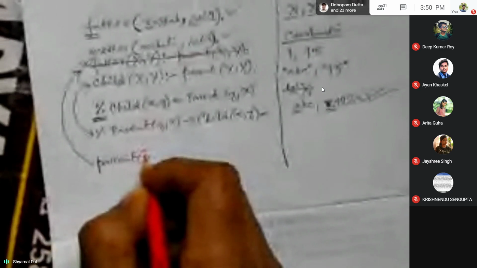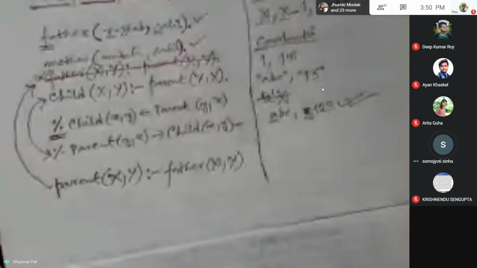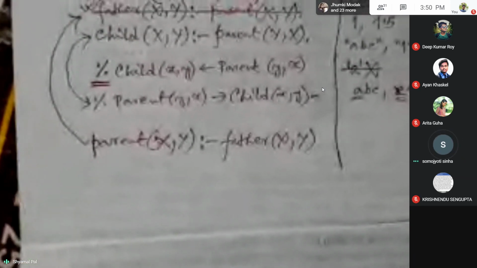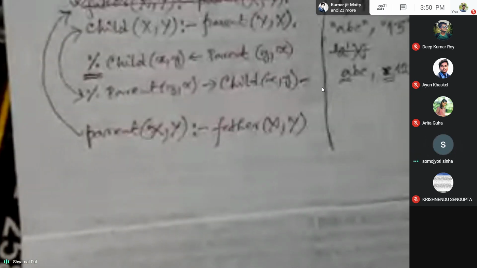Rather, we may write here parent X comma Y. Now, for X to be parent of Y, it may be father, but not always true. If X is the parent of Y, X must be father of Y? That is not true.